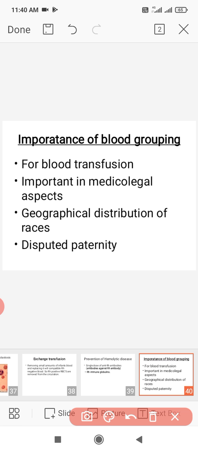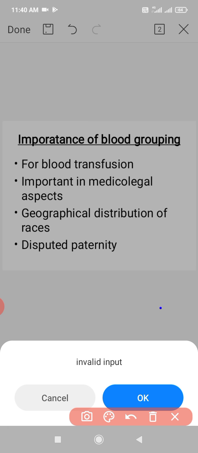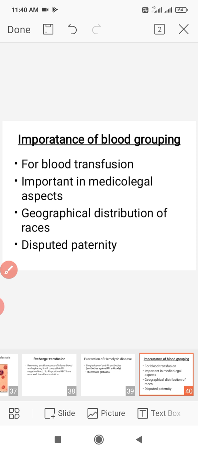If there is any dispute about the father or anything, determining the father or mother of the baby is one of the easy ways. Then geographical distribution of races, meaning population study. Then paternity disputes: if the parents dispute or separate, it is very important to know the blood group.